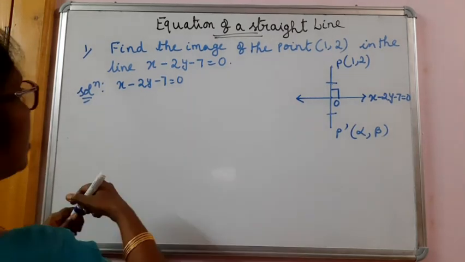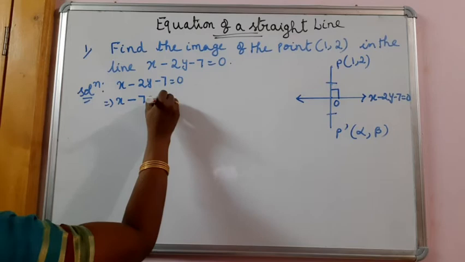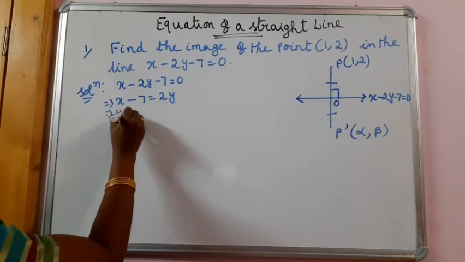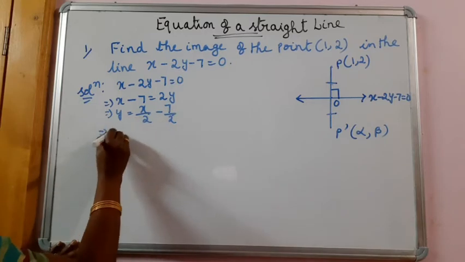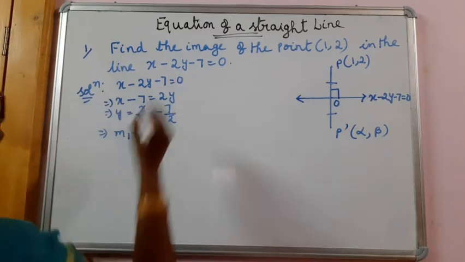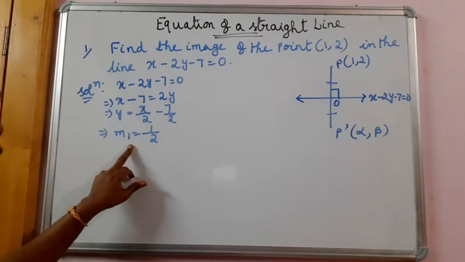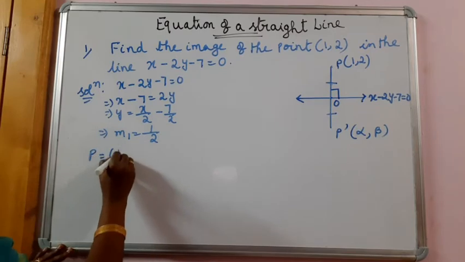So let us find the slope of this given equation. x minus 7 is equal to 2y, or y is equal to x by 2 minus 7 by 2. That implies m1 is equal to 1 by 2. So for this equation, I have taken the slope as m1. Now P is equal to (1, 2) given.